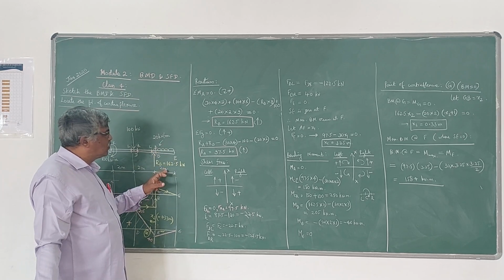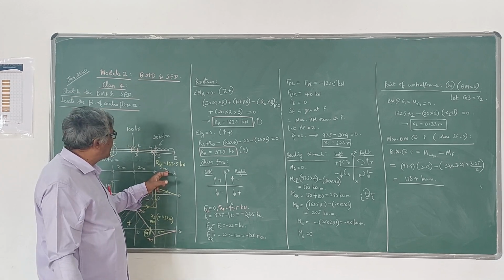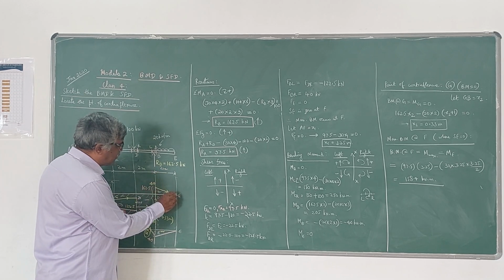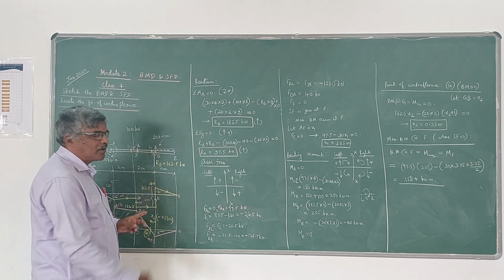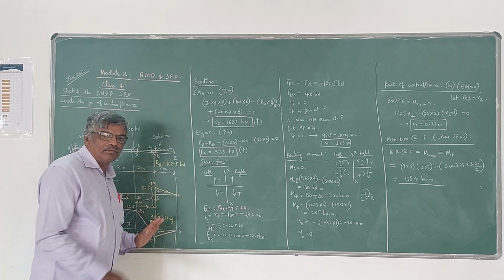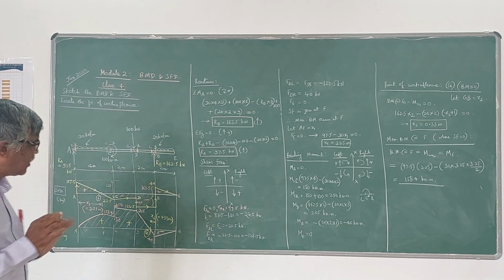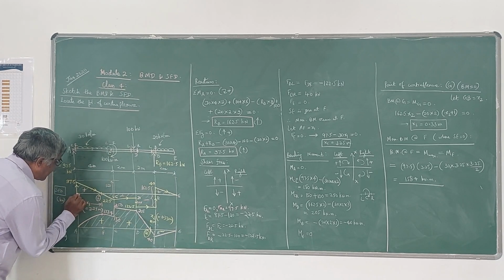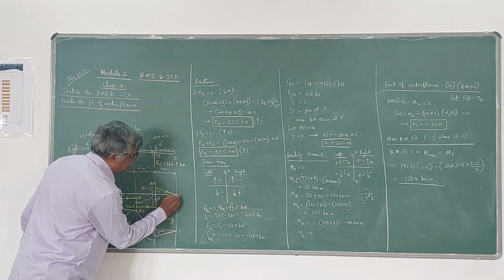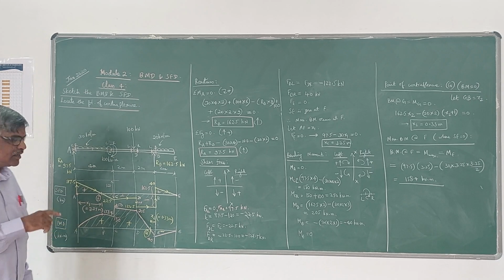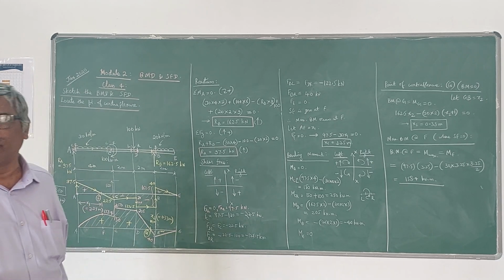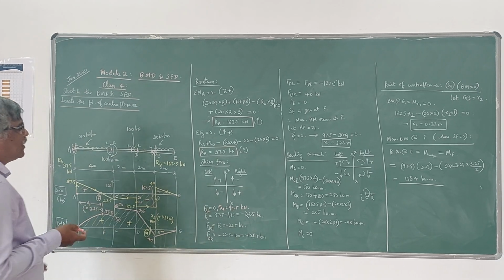So 20 into 2, 40 kN is the total UDL or the total load. You have to come down by 40. So it closes. So please observe that. The shear force diagram closes. It starts from point A and it ends at point E here. It closes. So this is another way of drawing the shear force diagram.